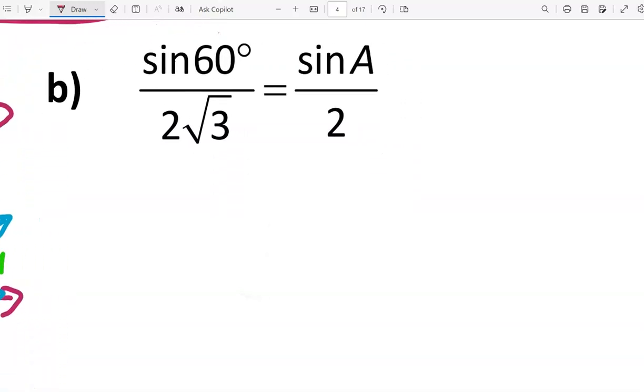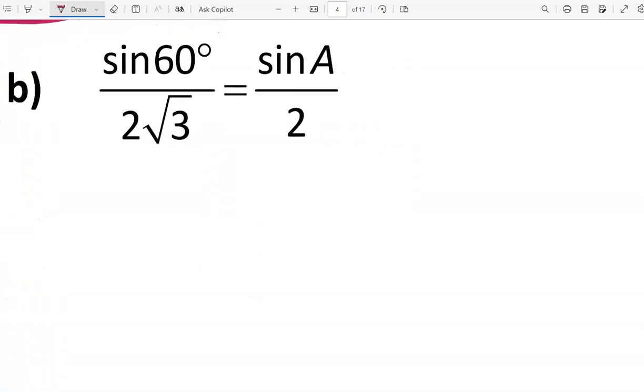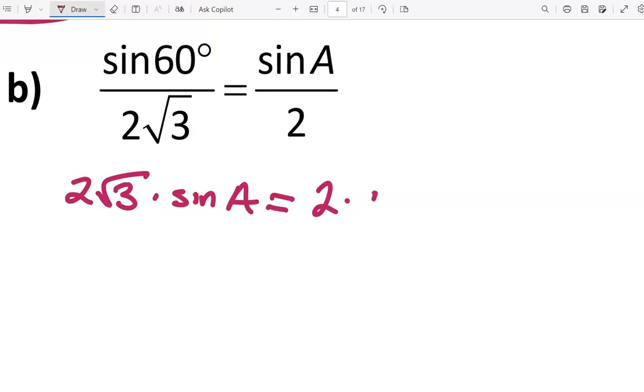All right, let's move on to another proportion. In B, we have this proportion, but before we start evaluating those trig functions, I want to cross multiply. So 2 times the square root of 3 times the sine of angle A is equal to 2 times the sine of 60 degrees.